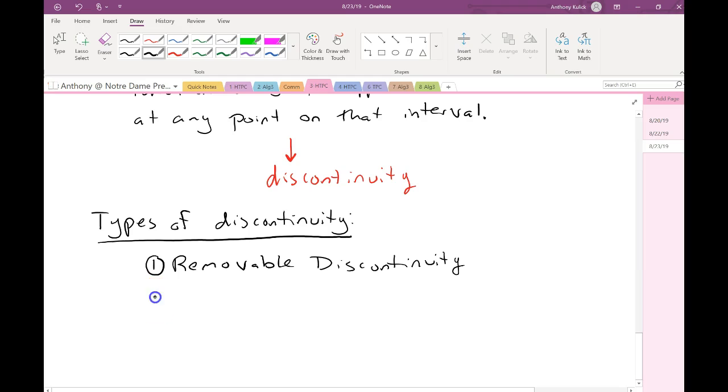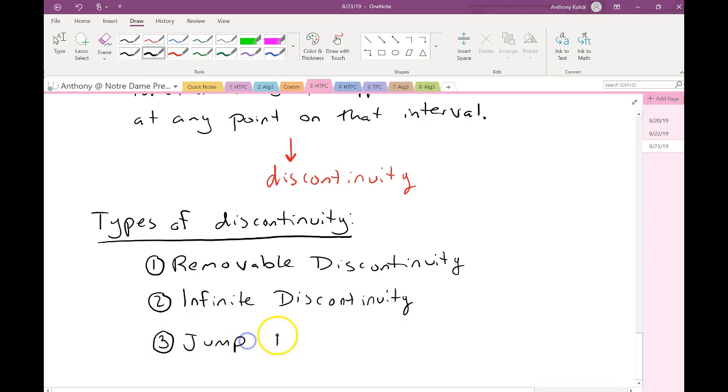Good. Vertical asymptotes are a type of discontinuity. We call those an infinite discontinuity. And then there's a third kind that we haven't talked about called a jump discontinuity.